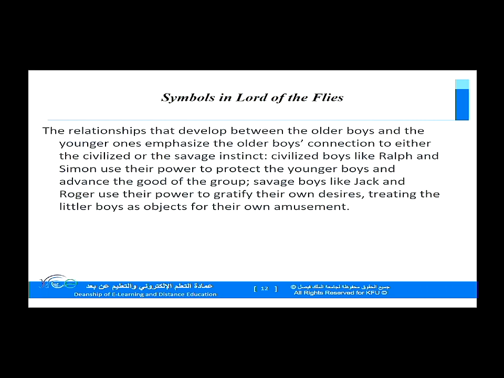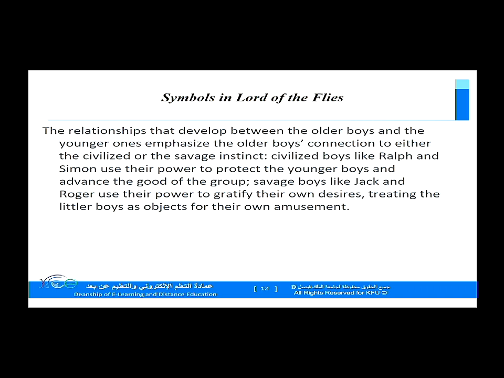The relationships that develop between the older boys and the younger ones emphasize the older boys' connection to either the civilized or the savage instinct. Civilized boys like Ralph and Simon use their power to protect the younger boys and advance the good of the group.